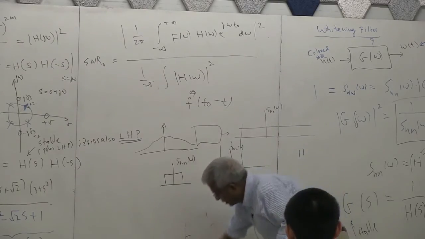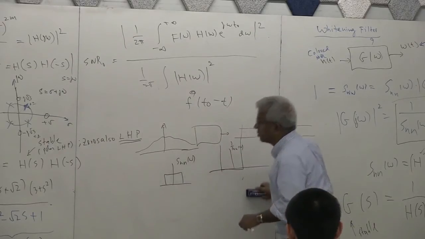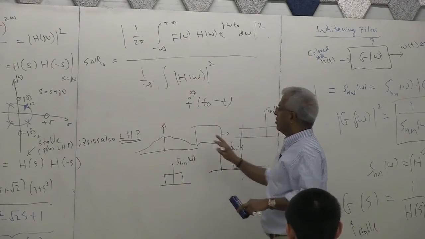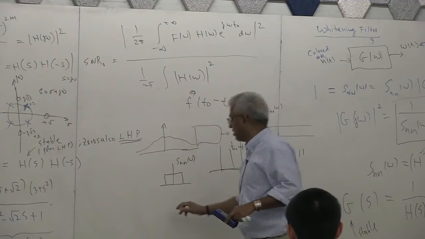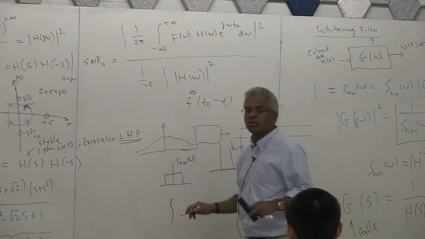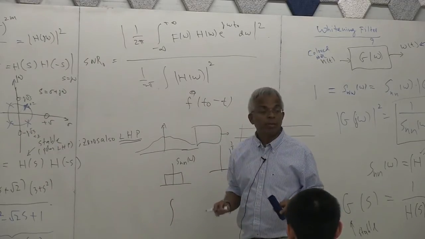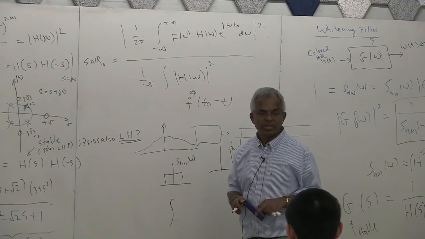So the right question is, when can you find a spectral factor? You need the so-called Paley-Wiener criterion to be satisfied.